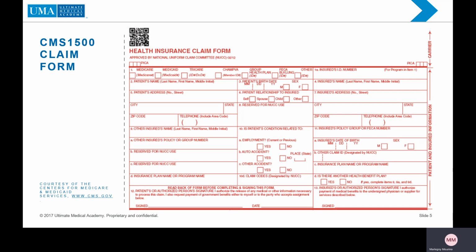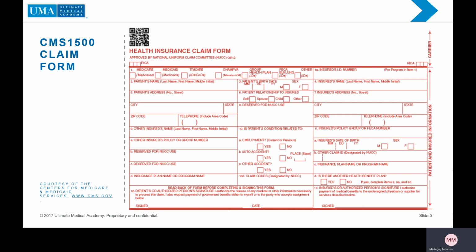This is for the primary plan, okay? 11D is asking, is there another plan benefit? Yes or no? And then it says, if yes, you're going to do what? You're going to complete items 9A and 9D. So this is what the other insured information comes into play for secondary insurance policies.